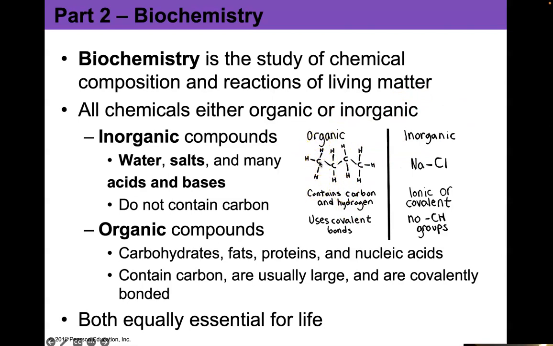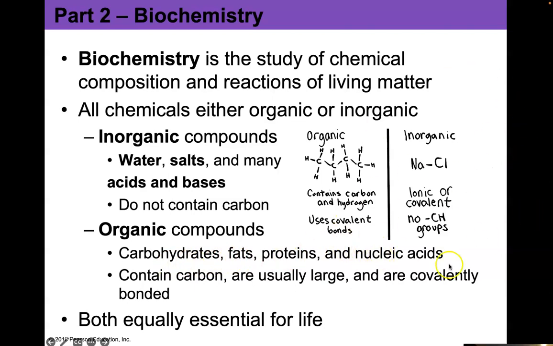So our organic compounds are going to have carbon hydrogen bonds, carbon bonded usually to hydrogen, okay? And they're usually large. These are going to be things like carbohydrates, fats, proteins, and nucleic acids. Those are going to be the major organic compounds that we're going to talk about and the ones that you are going to be responsible for knowing. Carbohydrates, fats, proteins, nucleic acids.